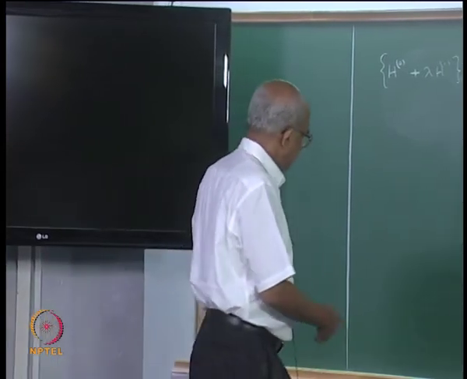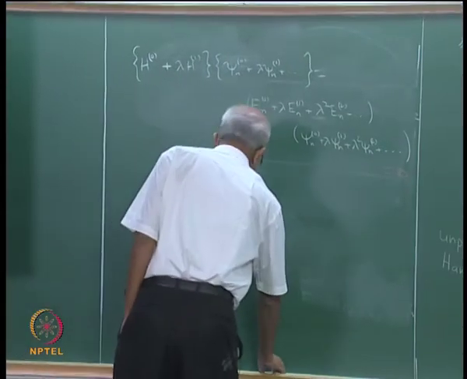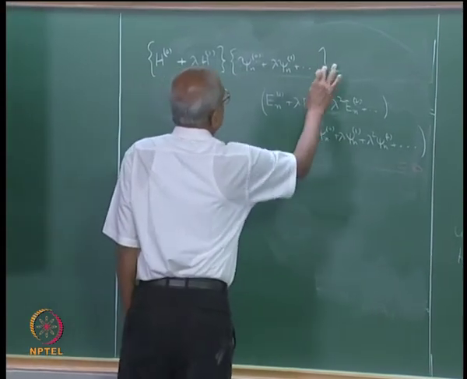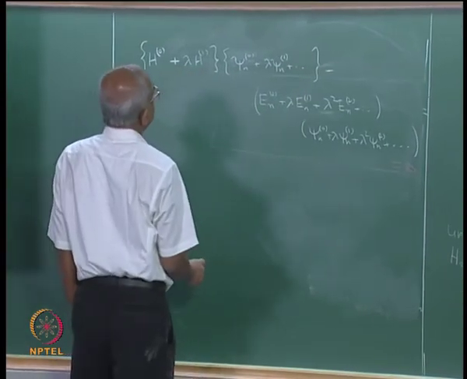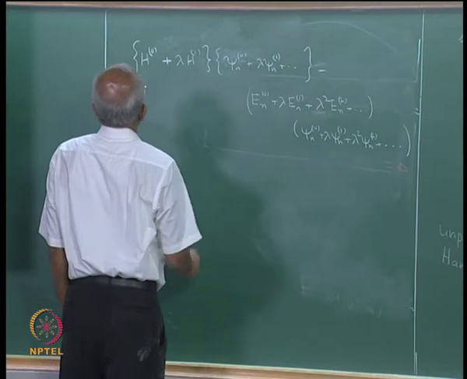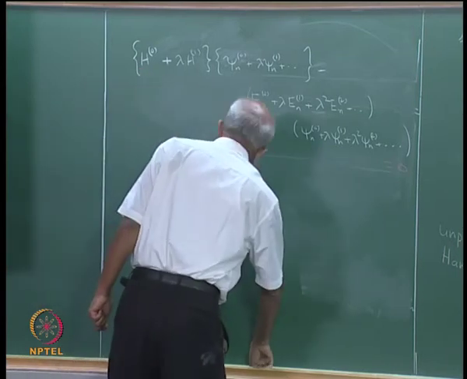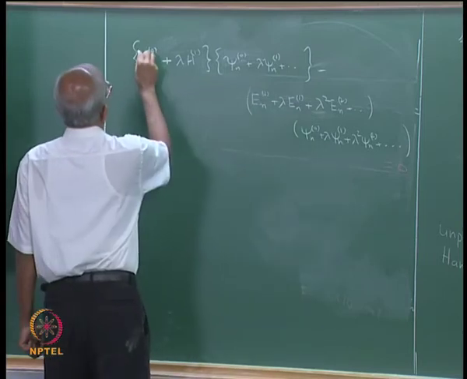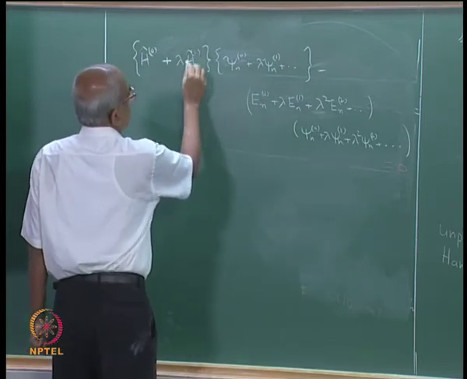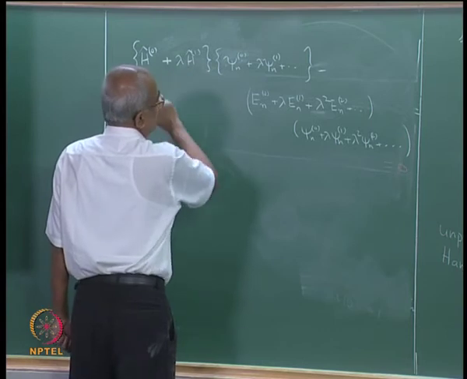So, let us do that. The other thing that you should remember is that these are all operators. So, I have forgotten to put the hat sign. Better that I put the hat sign.